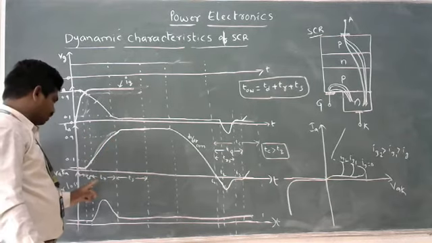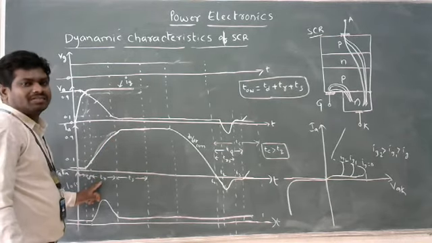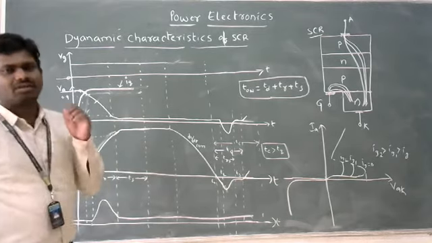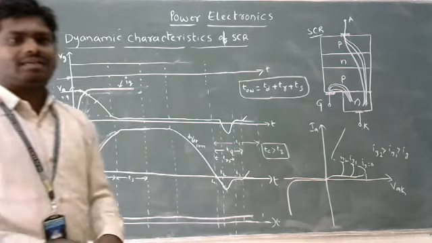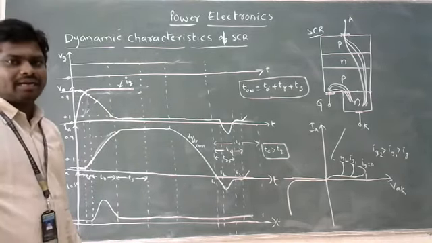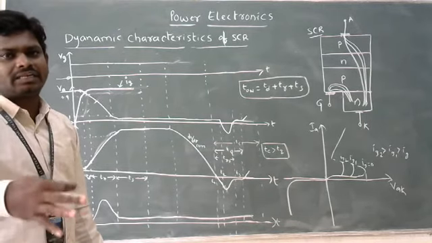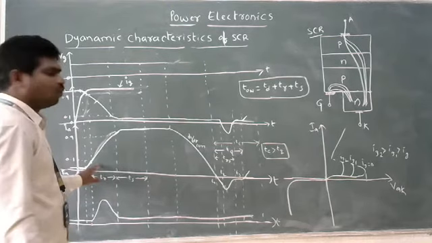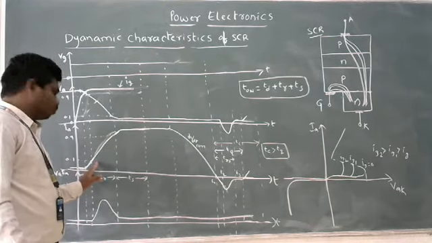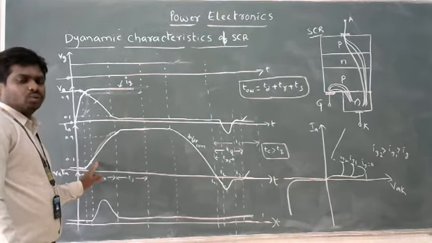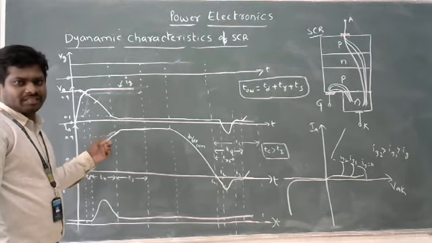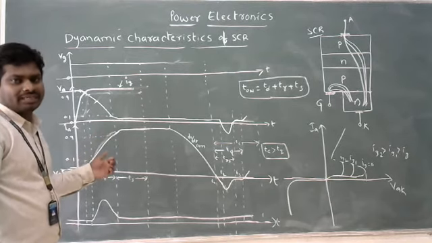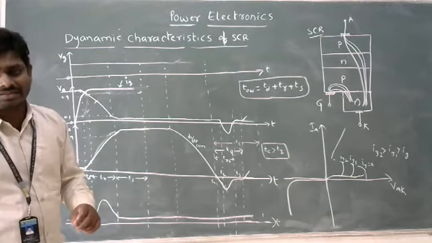That's why we call that timing the rise time. Rise time is defined as the time taken by the anode current to reach 90% of its maximum value from 10% of its maximum value.